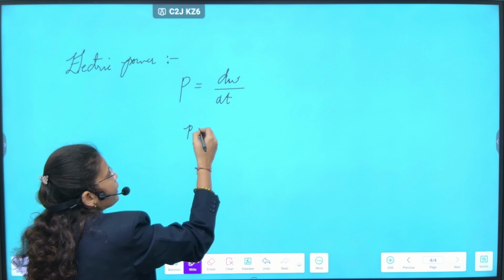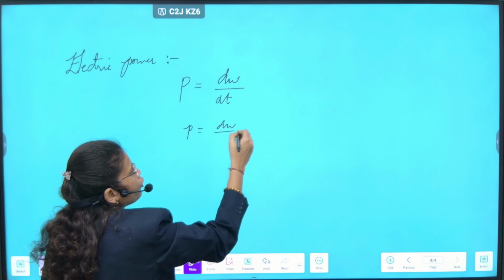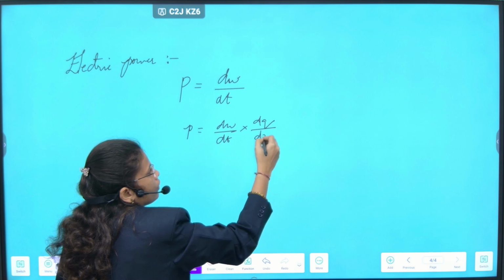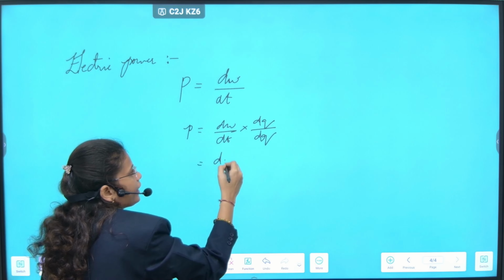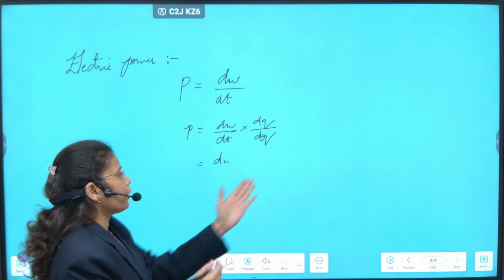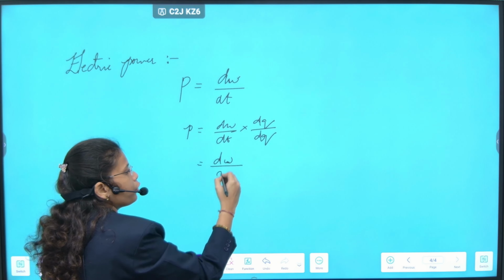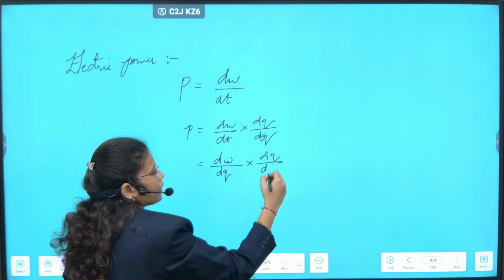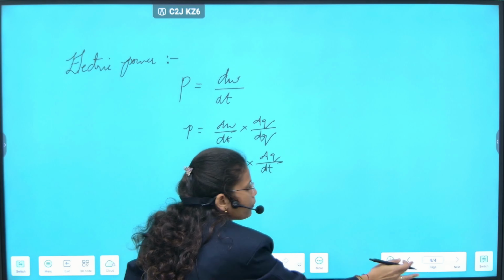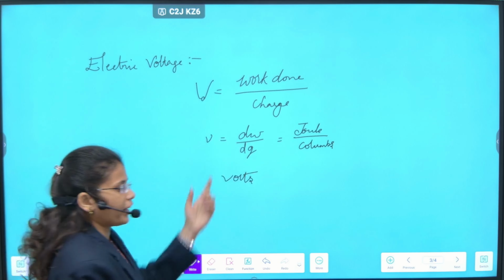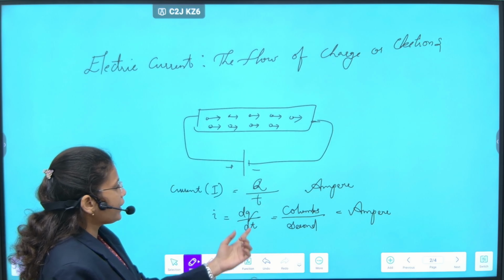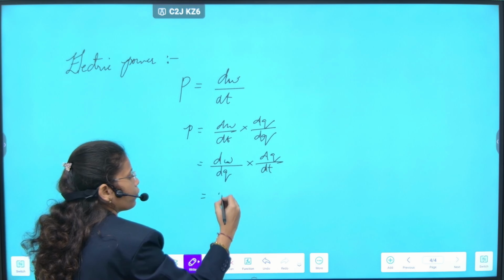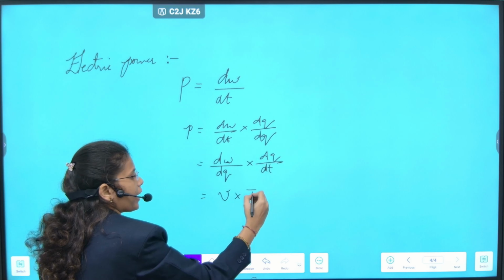Now I am dividing and multiplying dW by dt with dq. We can write dW by dt into dq by dq equals dW by dq into dq by dt, where dW by dq is voltage and dq by dt is current.